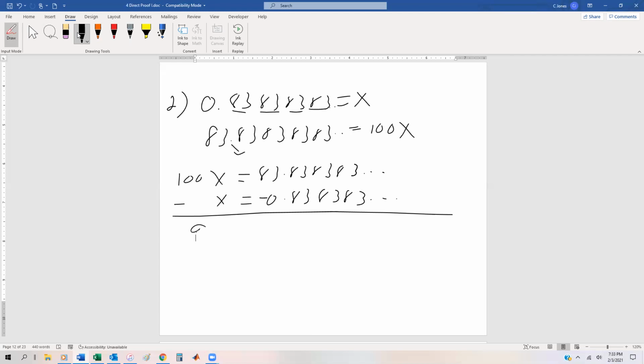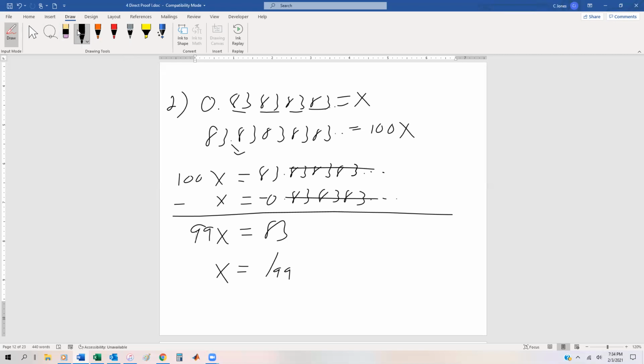So what happens? We get 99x is equal to 83. And now we can say that x is going to be equal to 83 over 99, which is rational, right? That's the very definition of a rational number.